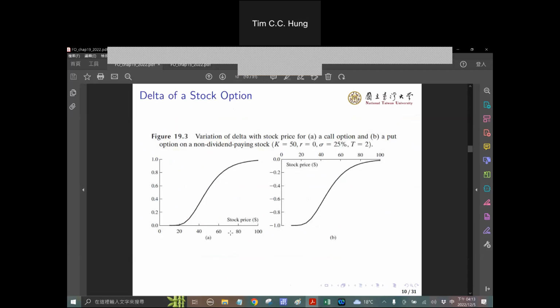But the delta of the put option seems to drag the delta of the call option downward by 1 unit. It ranges from 0 to 1, so it's like a one-to-one mapping, dragging it downward by 1 unit.